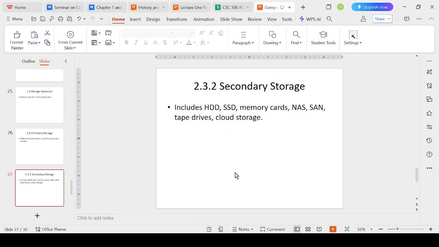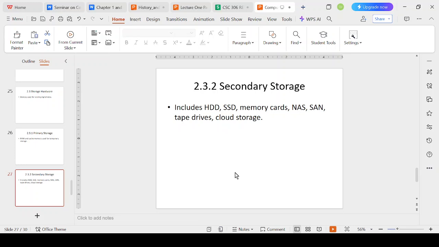We have memory cards. We have network attached storage, NAS, storage area network. Storage area network is a high-speed network that enables pools of storage capacity to be accessed by storage connected to servers.